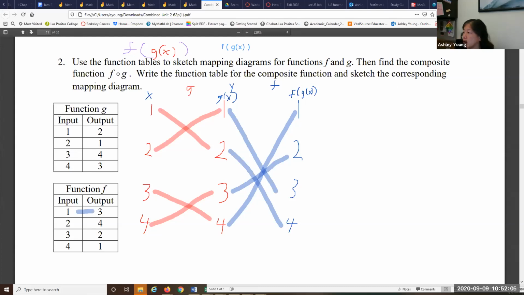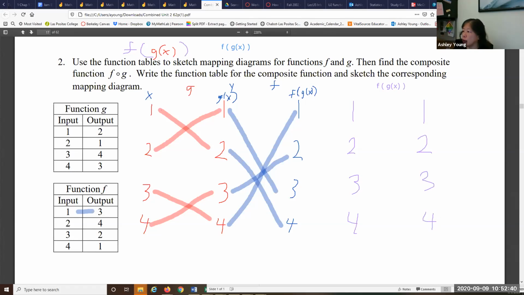I'm going to type it in because I want to. So f of g of x. I'm going to have all of my 1, 2, 3, 4, and my 1, 2, 3, 4, which is what your sheet should look like.